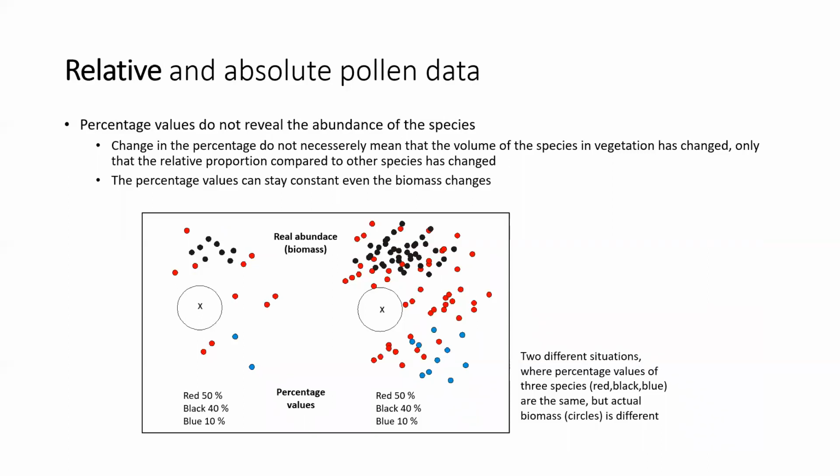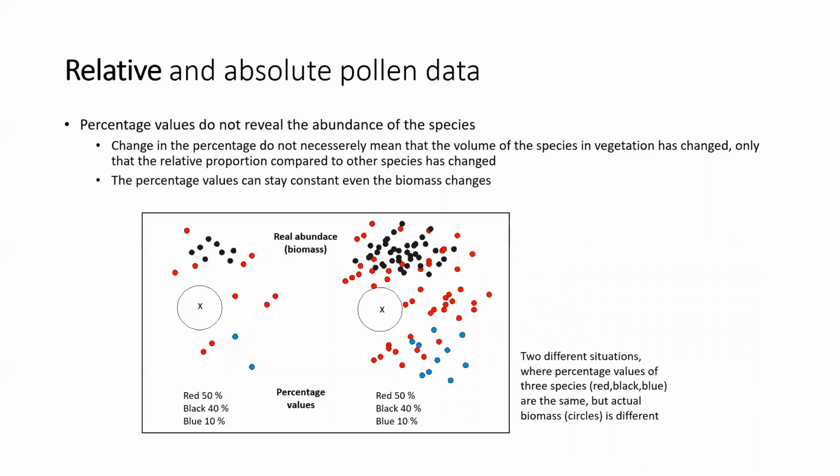If we would have a pollen record that says that some species increases, for example, 30%, and another species' proportion decreases about 10% or so, it doesn't necessarily mean that there's a big change in the biomass, but it can be that the change between the species is more relative.